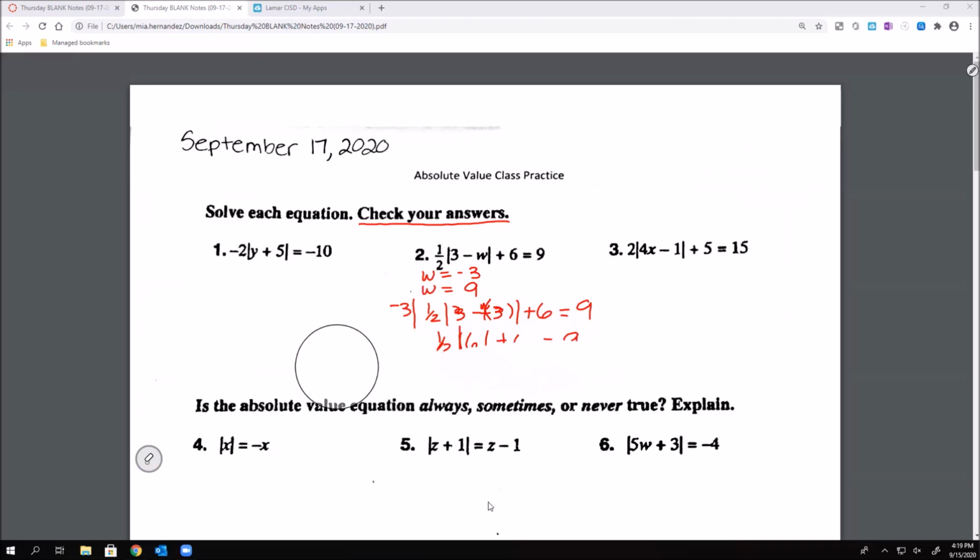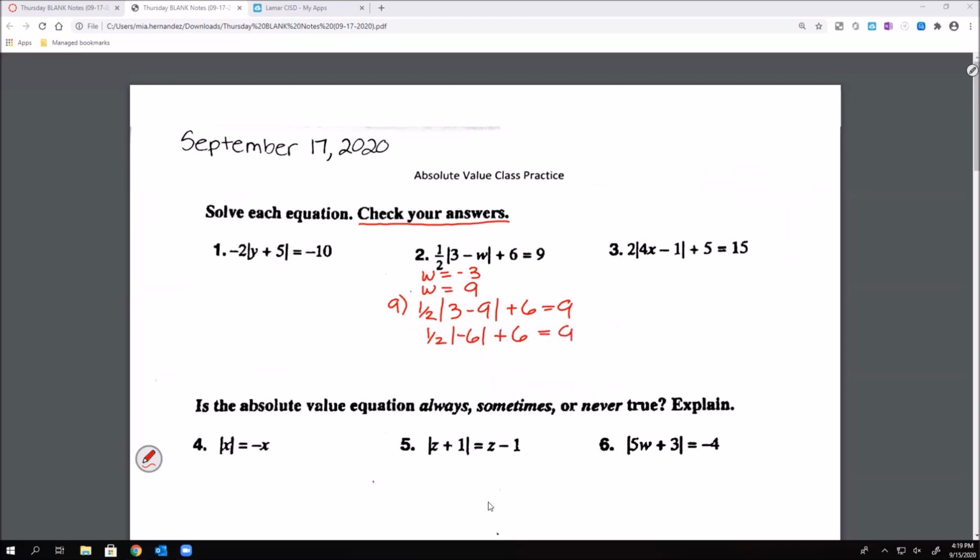Now we're going to check for our solution of a positive 9. This is my positive 9 solution. 1/2 times 3 minus 9 plus 6. And it should still equal 9, right? So my 3 minus my 9 gives me a -6. So I have a 1/2 times the absolute value of -6 plus 6 equals 9.